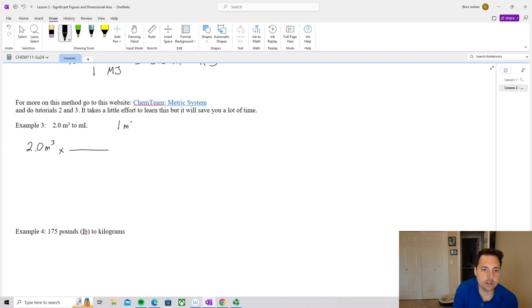And let's write down those conversion factors. So I said 1 cubic meter is equal to how many cubic centimeters? Well, let's first look at the conversion between meters and centimeters.